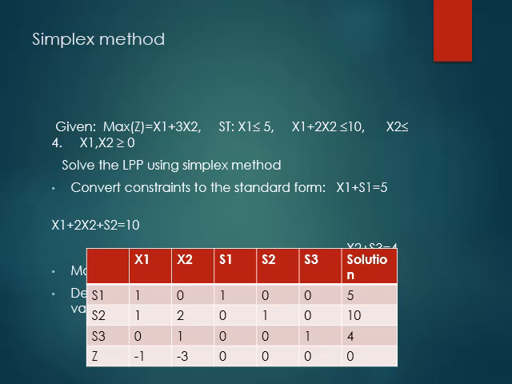So the contents of this row are 0, 1, 0, 0, 1, 4. Z equal negative 1, negative 3. The remains are 0.